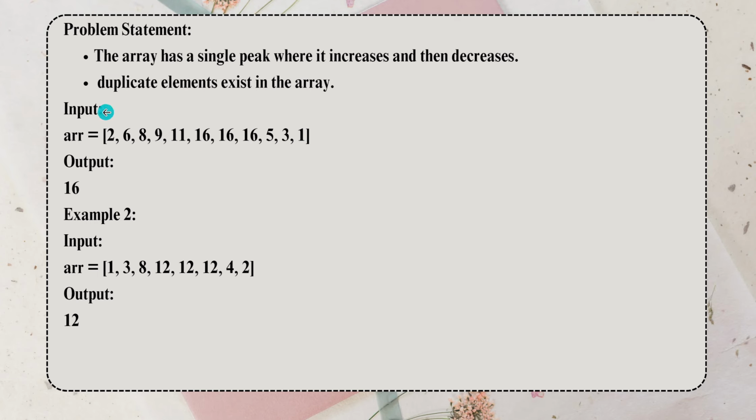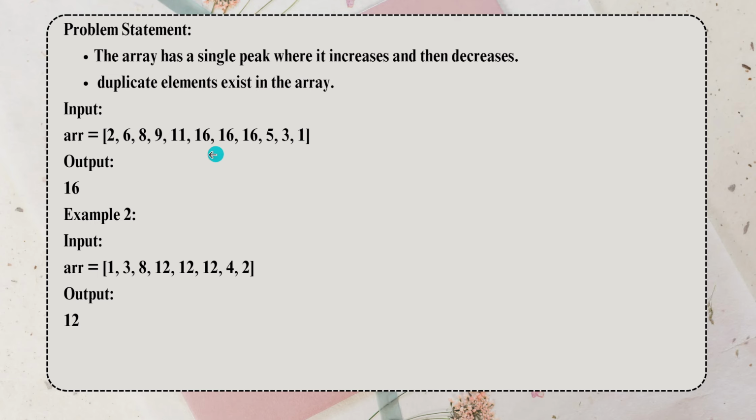After solving the problem using binary search, they have modified the question in this way. The array has a single peak element, it increases and then decreases. Duplicate elements exist in the array. Then how will you return the output? You have to use the linear search algorithm.